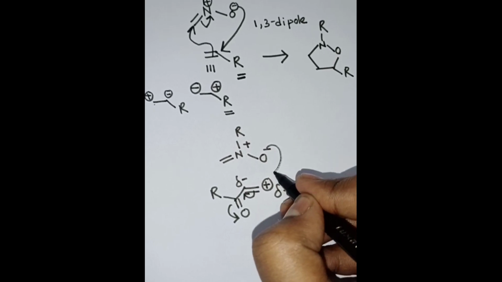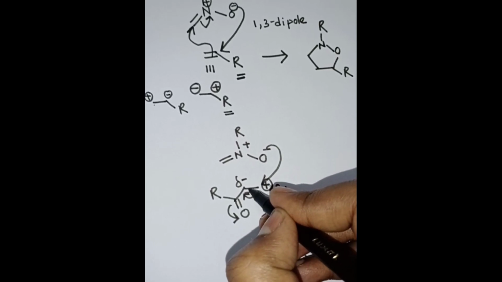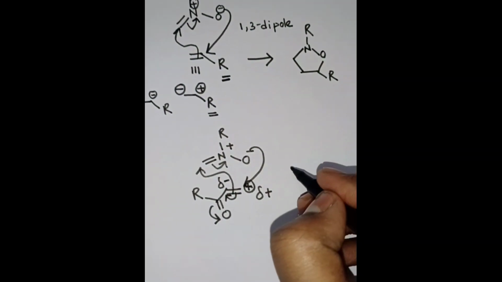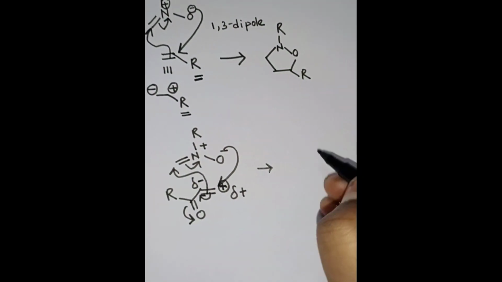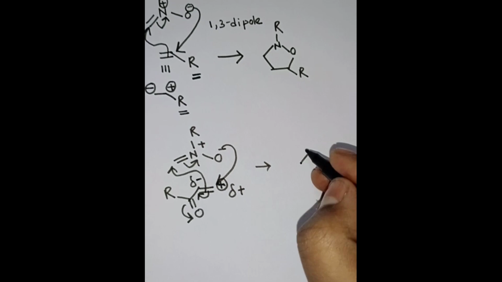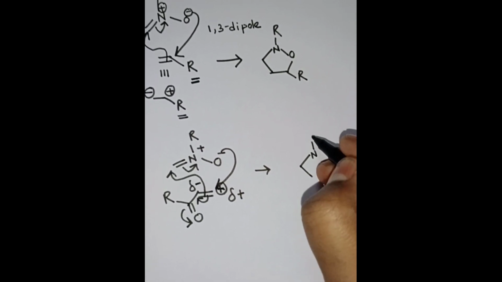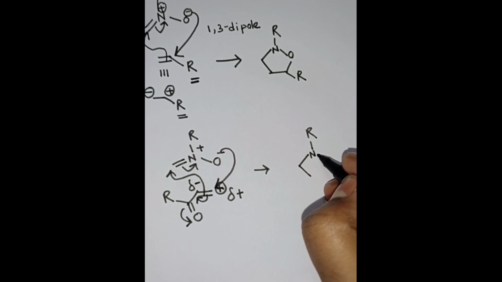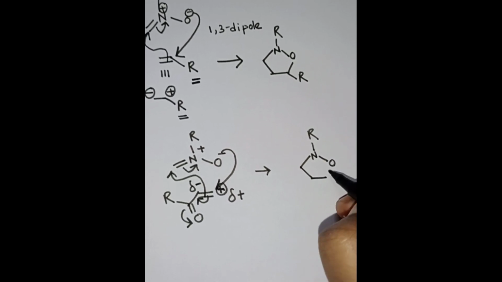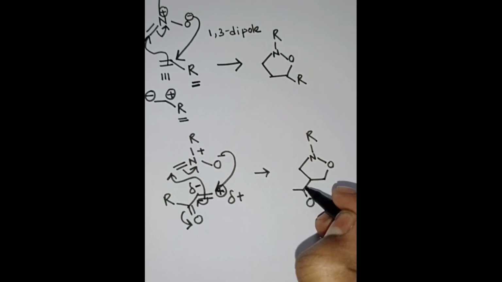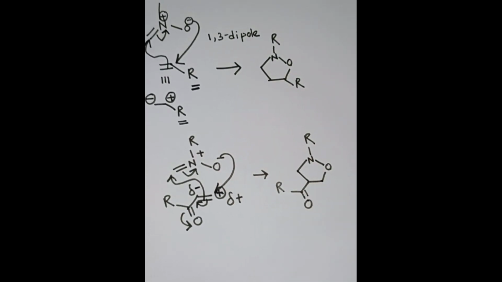So the negative charge will attack this carbon center, and this double bond will attack here. It will go here. So in this case, what will be the product? The product will be this.